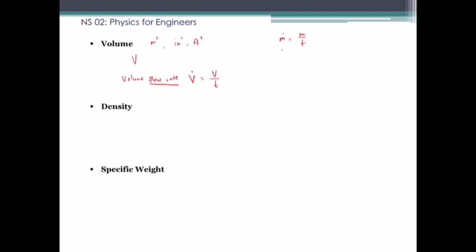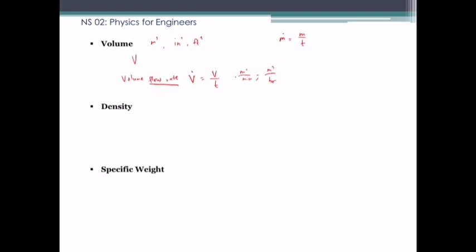So the unit now is cubic meter per minute or cubic meter per hour. So it is volume per unit time.